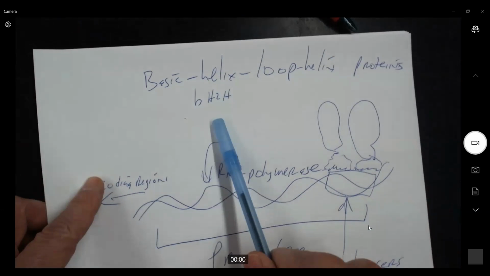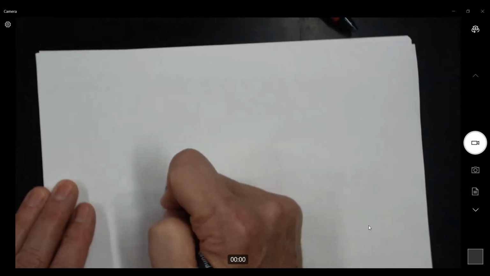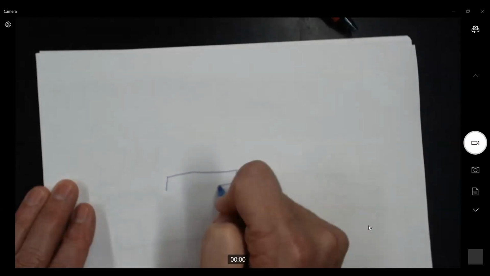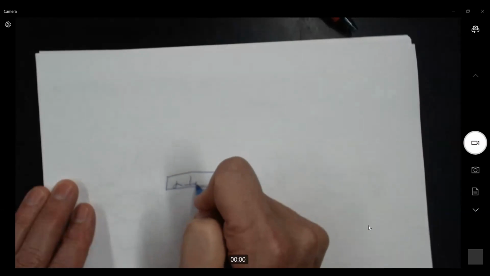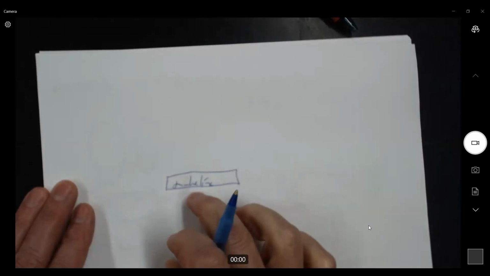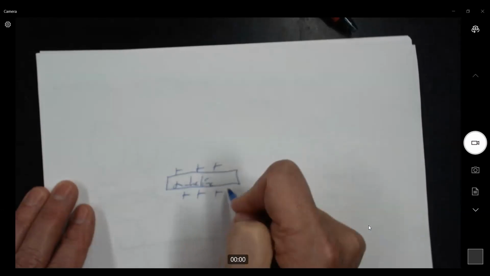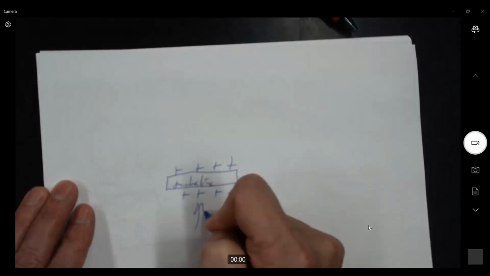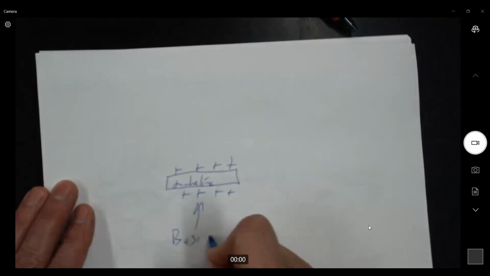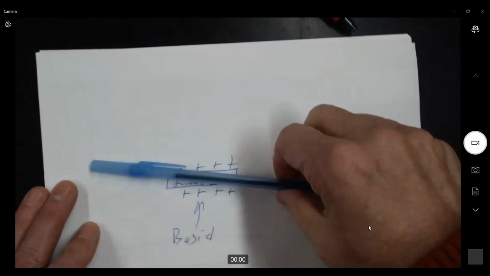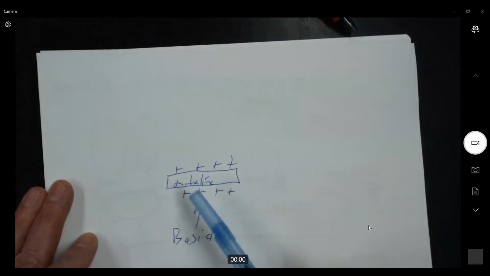Now, what's characteristic of these proteins? So these proteins have, first of all, an alpha helix, which I'm just going to draw like this. And this alpha helix has lots of positive charges on it. So this is a basic region. This is going to slide into the major groove of DNA.